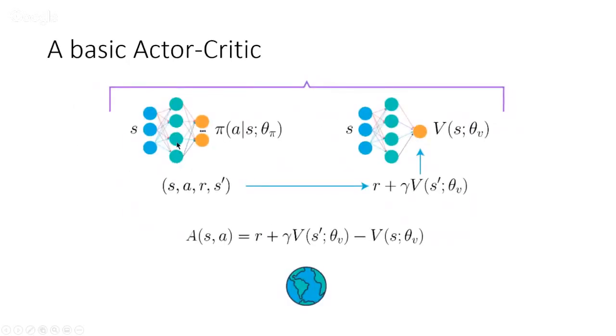One is an actor and another is a critic. The actor will generate a policy given a state, and it might be a deterministic policy or a stochastic policy, and it can also be a continuous policy, which we'll see later.